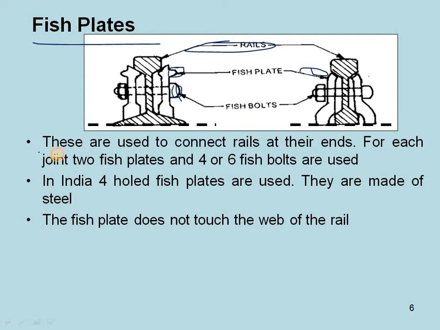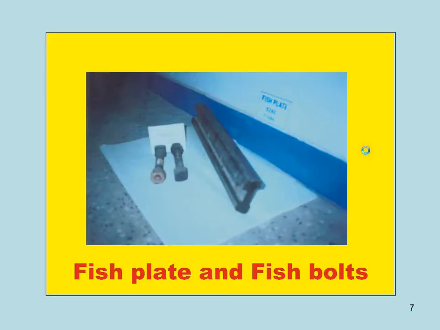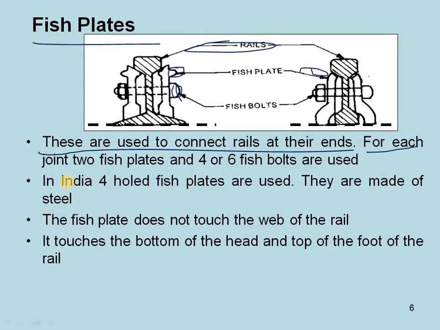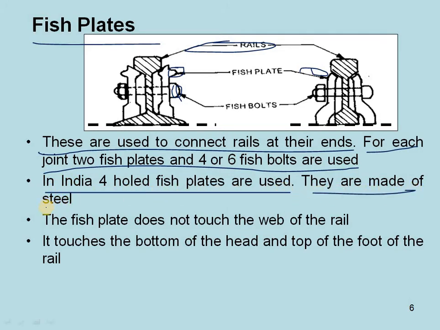These fish plates are used to connect rails at their ends. For each joint, 2 fish plates and 4 or 6 fish bolts are used. In India, 4-hole fish plates are used. They are made of steel.